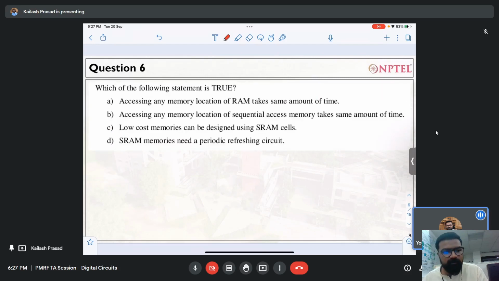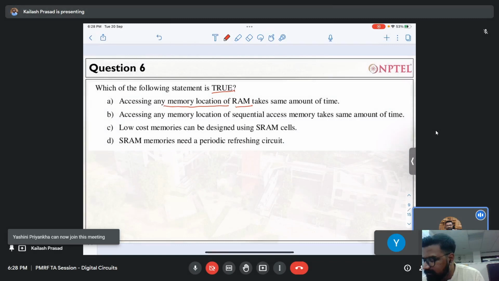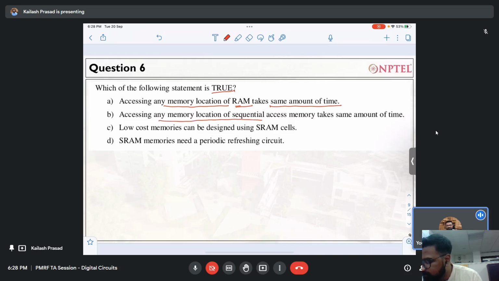Moving to the next question: which of the following statements are true? Let me read out the statements. First, accessing any memory location of RAM, random access memory, takes the same amount of time. Second, accessing any memory location of sequential access memory takes the same amount of time.